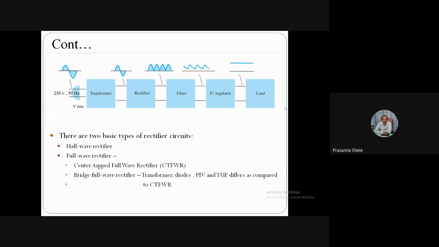For example, the bridge full wave rectifier has a non-center tap transformer, the PIV rating of that rectifier is Vm, and the transformer utility factor is again 81% as compared to the center tap full wave rectifier. So though both full wave rectifiers rectify both half cycles, the bridge full wave rectifier is the best one to use as compared to the center tap full wave rectifier.